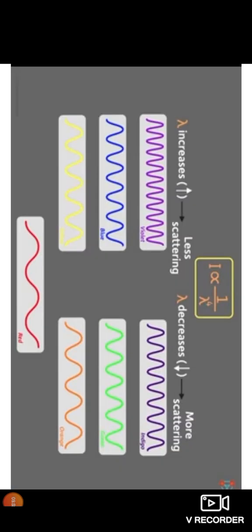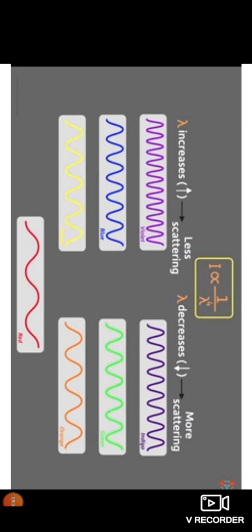So here you can see amongst all these 7 colors, the violet color wavelength is least. It means violet color will scatter more, and red color has the biggest wavelength, and hence the scattering would be least here.